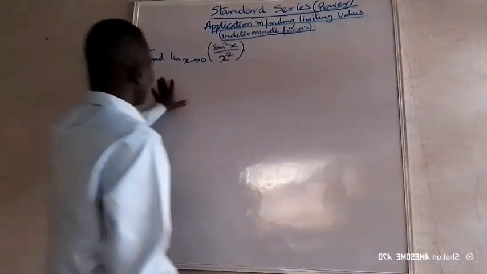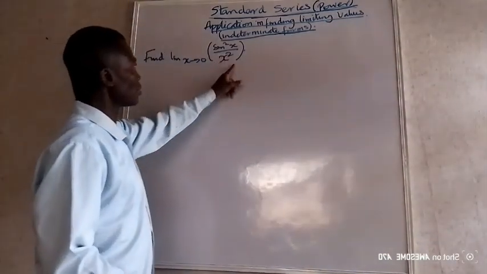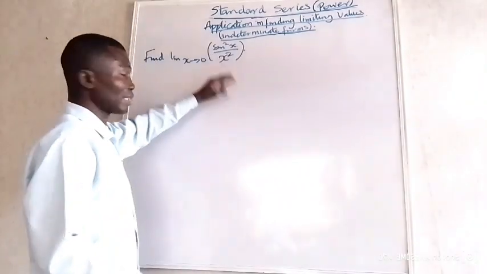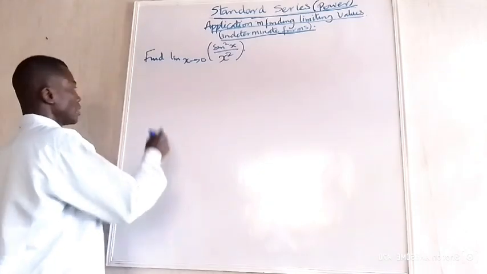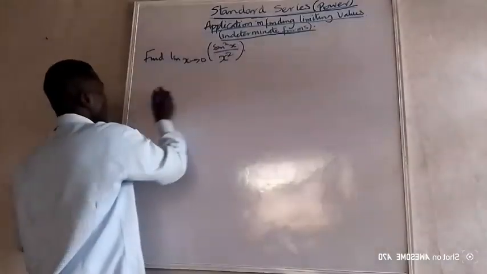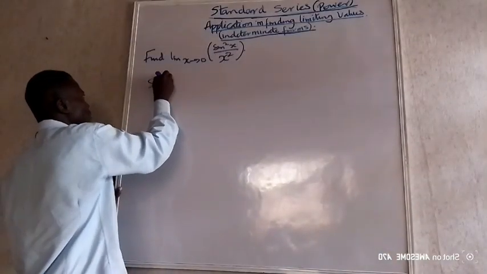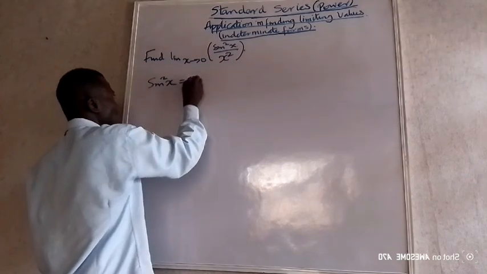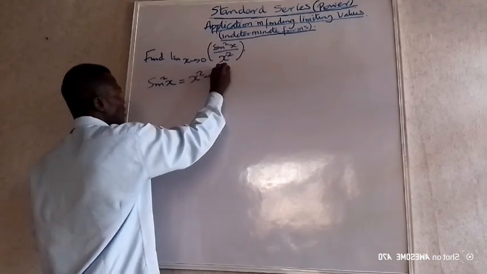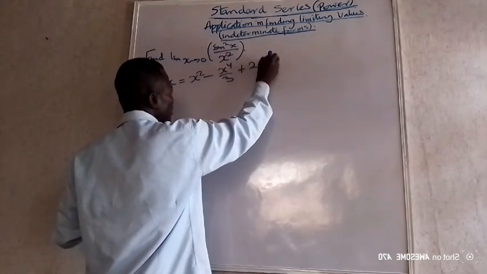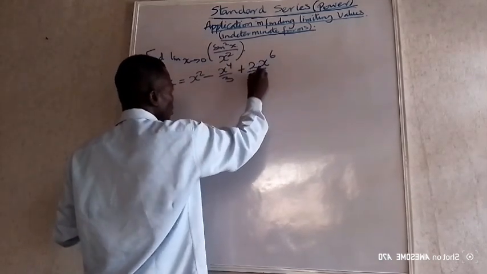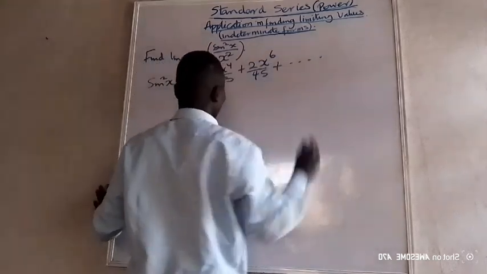Now, we have a situation like this. If we put 0, 0, it's going to give us 0 over 0, and that will be indeterminate. Now, remember the expansion we got for this: sine squared x is equal to x squared minus x to the power 4 over 3 plus 2x to the power 6 over 45, and it goes on like that.